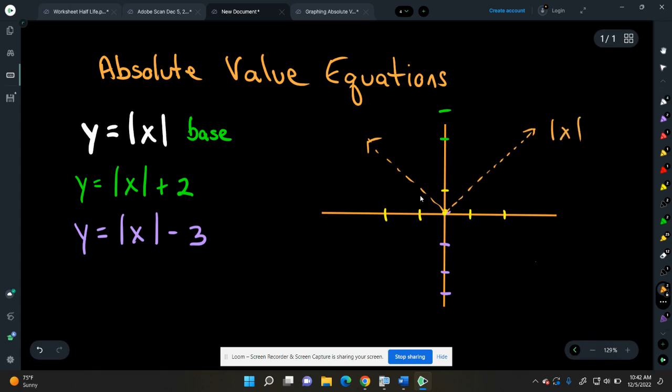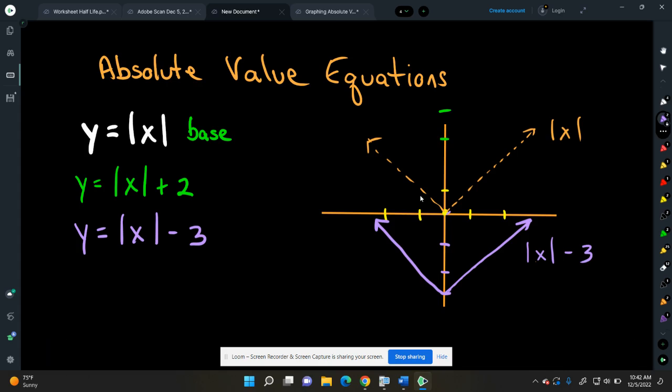I'll label it just absolute value of x. That way I can see where it has to shift. So it has to shift down a unit. I'm going to do this as a solid line because this is my final answer. And here we have absolute value of x minus 3. So you can sketch in the different stages.